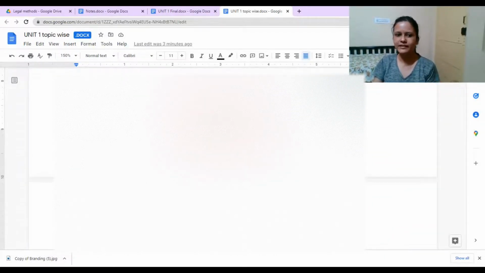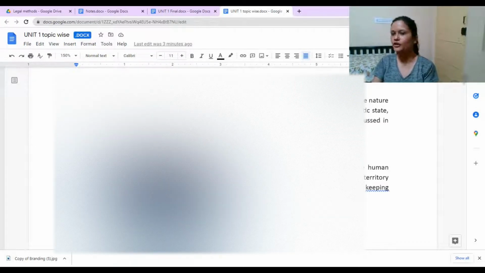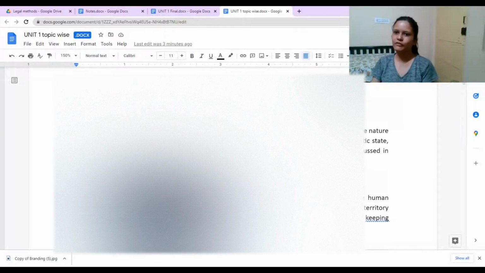Now, along with that, we have functions of law, plus we have, is law necessary for the society or not? Those are again 2 different topics which are covered. If we talk about functions of law, what do you think are the main functions that law performs? Ma'am, it could be maintaining peace and order in the society.